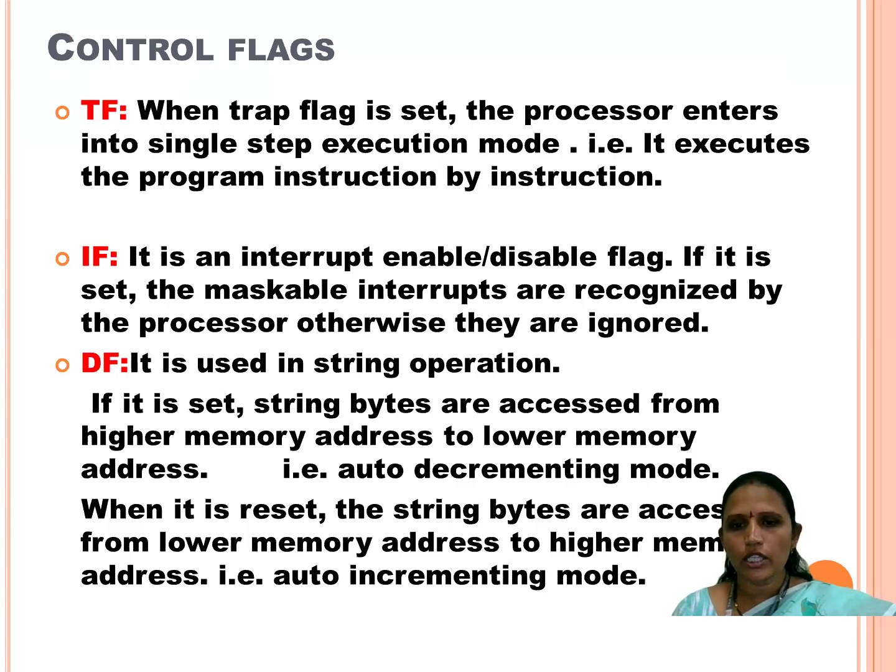Higher to lower means it is in auto decrement mode. In the other case, string bytes are accessed from the lower memory address to the higher memory address, which is auto incrementing mode.